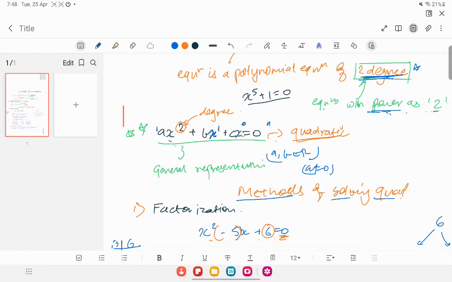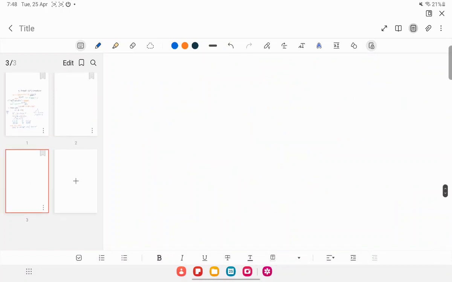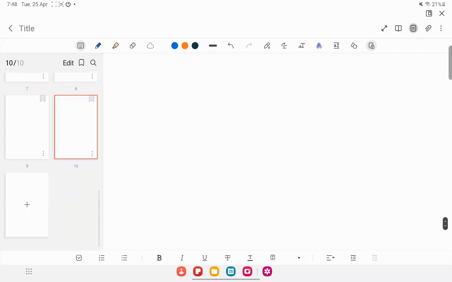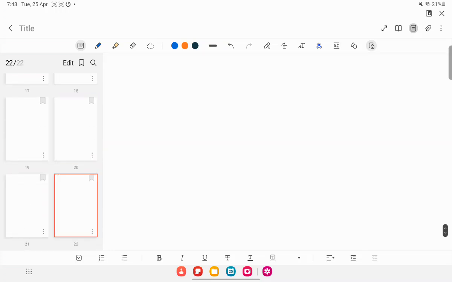For a particular equation to be equal to 0, this means that the above equation cuts the x-axis. If we see it like that on the graph, I'll just show in a second, just a minute.